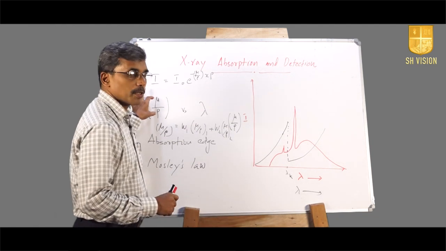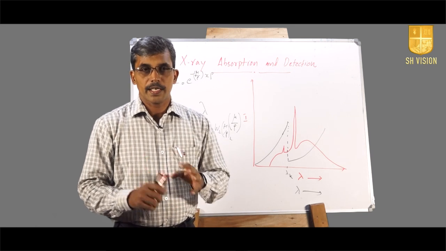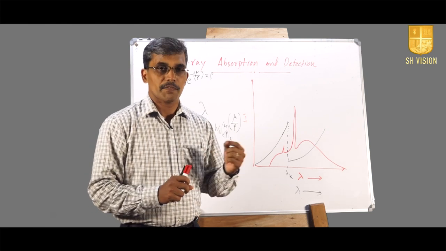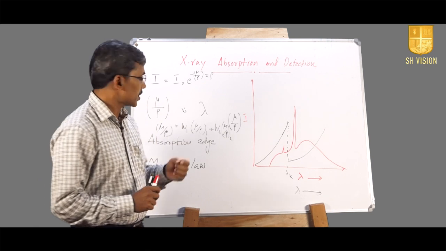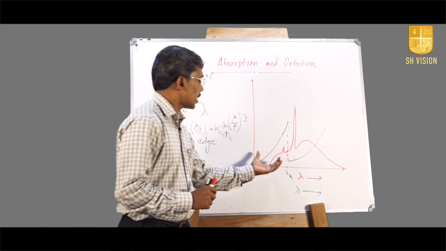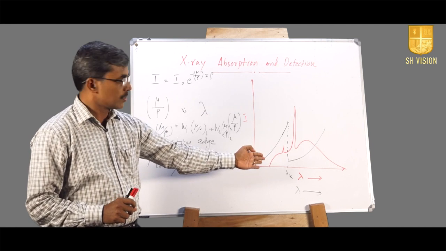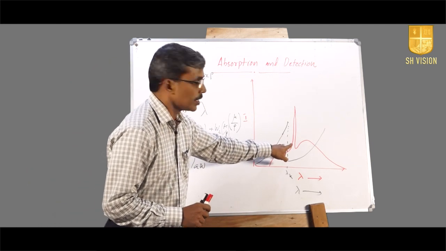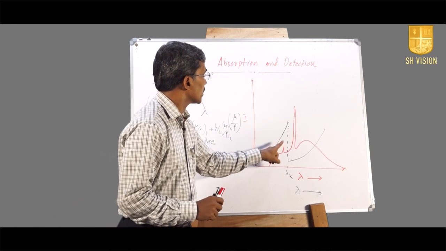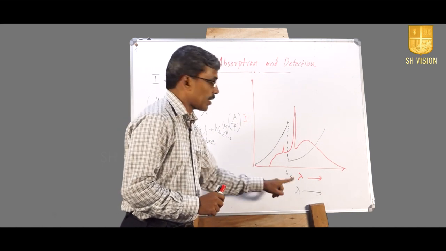So the importance of this μ/ρ, or mass absorption coefficient, is that it varies with wavelength. When X-rays of different wavelength pass through a material, the absorption will be different. This has some significance which we were trying to understand in the previous lecture. When we plotted this μ/ρ versus wavelength graph, it was found that as the energy of the X-ray increases, I have plotted the red one, which is the X-ray spectra, and another graph is plotted on the same axes, the variation of μ/ρ versus wavelength.